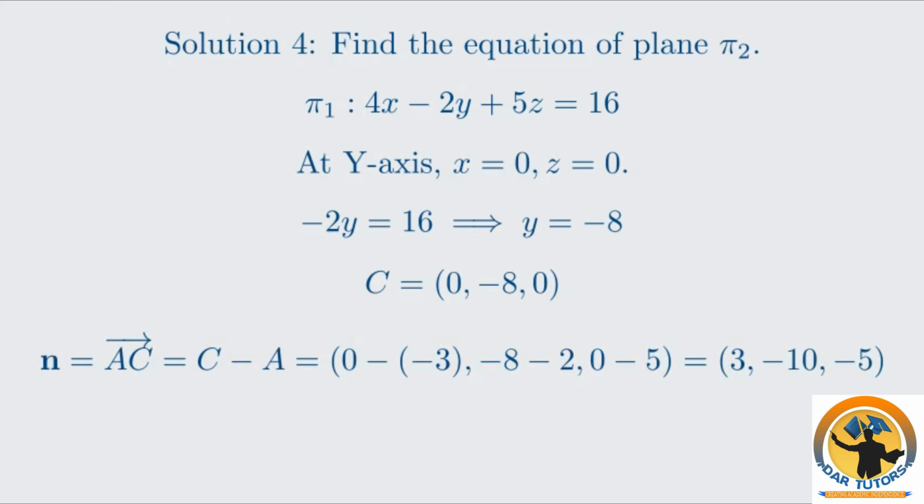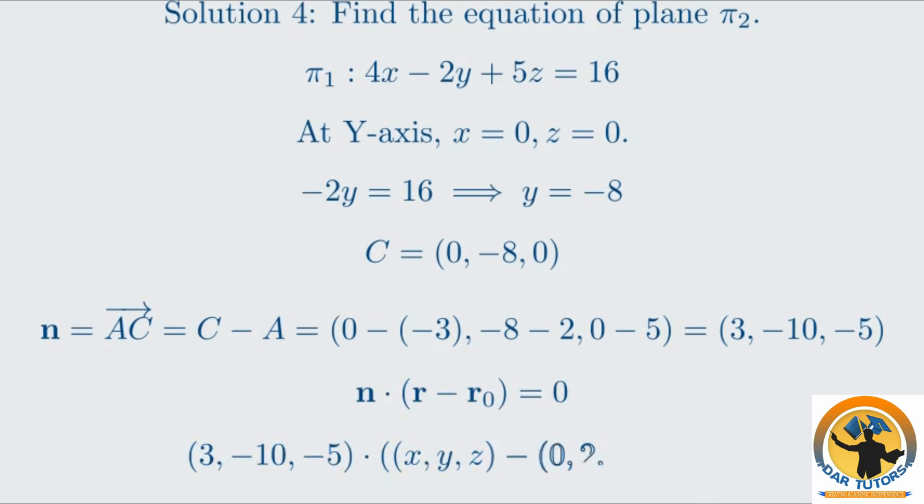The equation of a plane is n · (r - r0) = 0, where r0 is a point on the plane. We know pi2 passes through point B, (0, 2, -1). So the equation is (3, -10, -5) · ((x, y, z) - (0, 2, -1)) = 0.